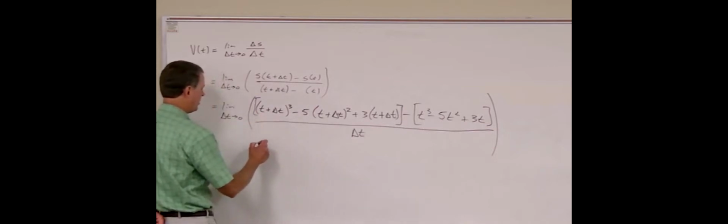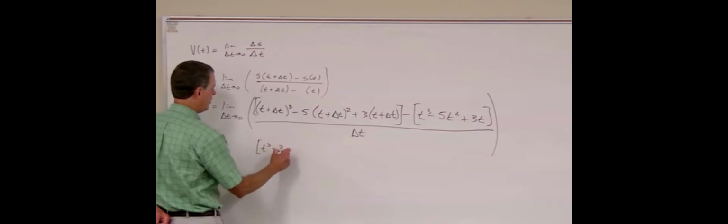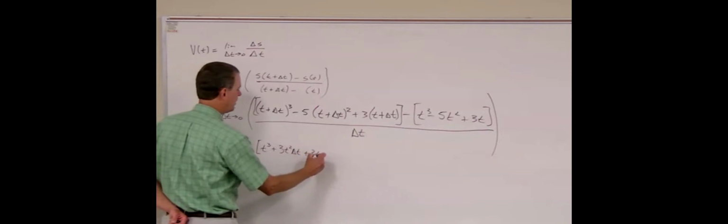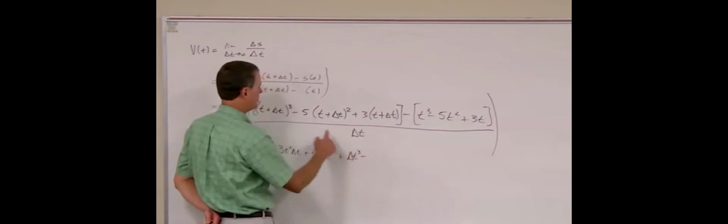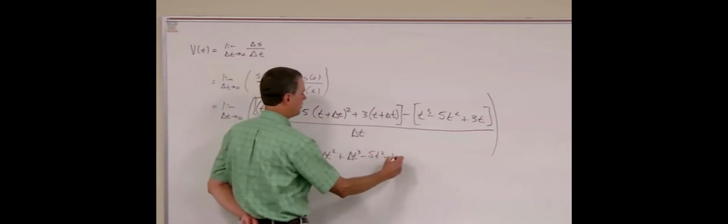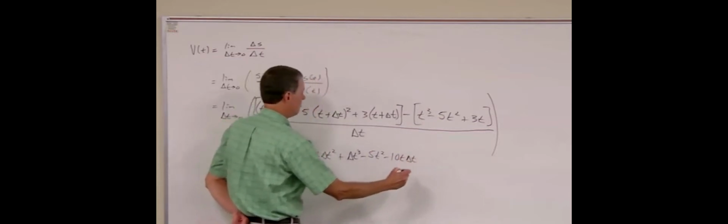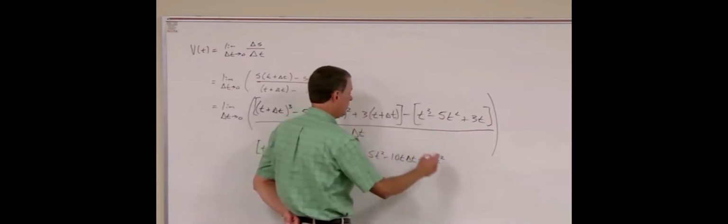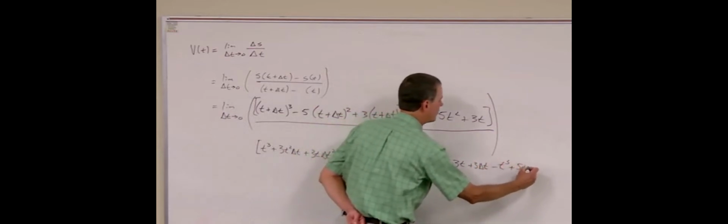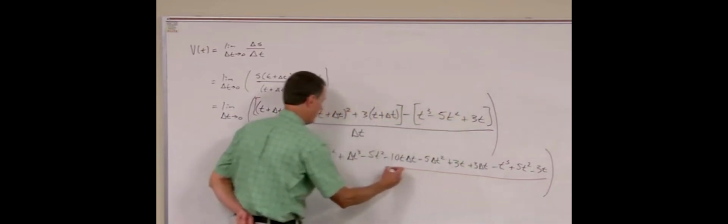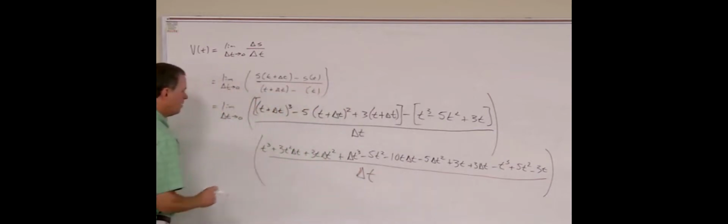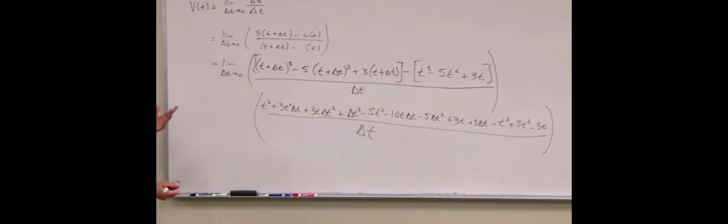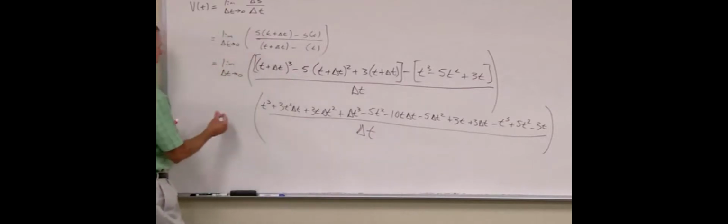So this comes out to be t cubed plus 3t squared delta t plus 3t delta t squared plus delta t cubed, minus 5t squared, minus 10t delta t, minus 5 delta t squared, plus 3t plus 3 delta t, minus t cubed, plus 5t squared, minus 3t.